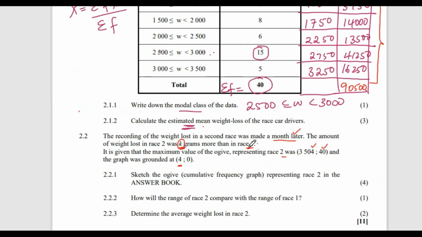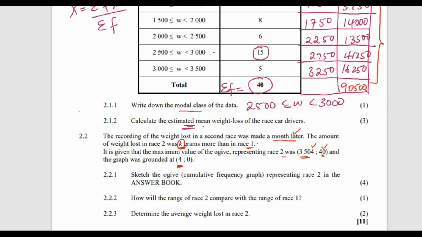It's given that the maximum value of race 2 was 3,504 as well as 40, and then the graph was grounded at 4 and 0. What does this mean?